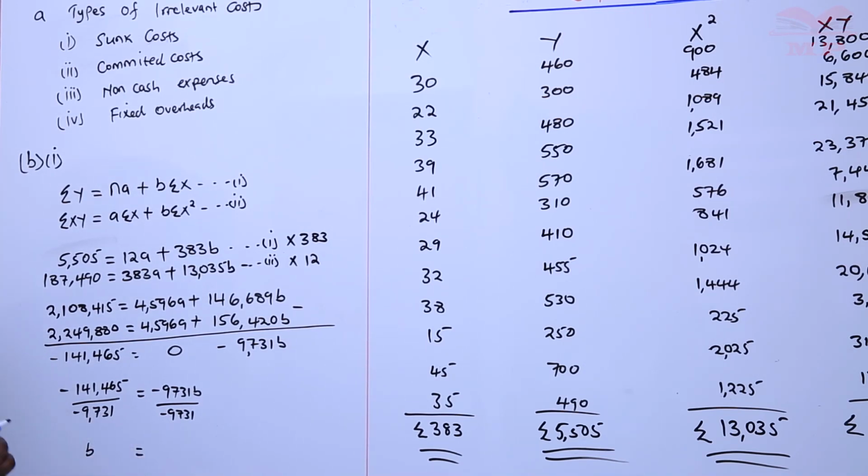So when you solve this, you will find that b will be equal to 14.54, and that is our b value.